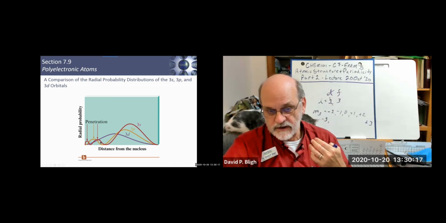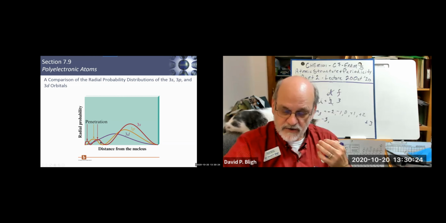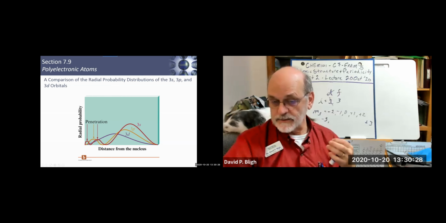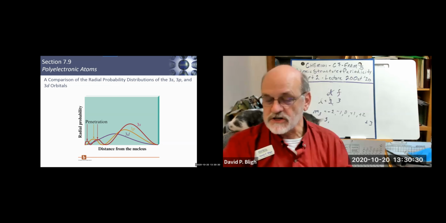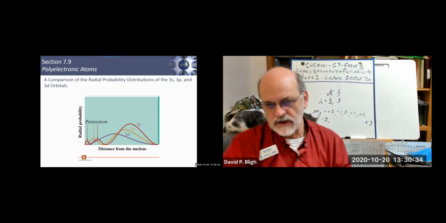The p orbital penetrates. So relative to the d orbital, the p penetrates below the d, and for many atoms, the p will have a lower energy than the d. There are some cases where that flips, and we'll have to talk about that later.